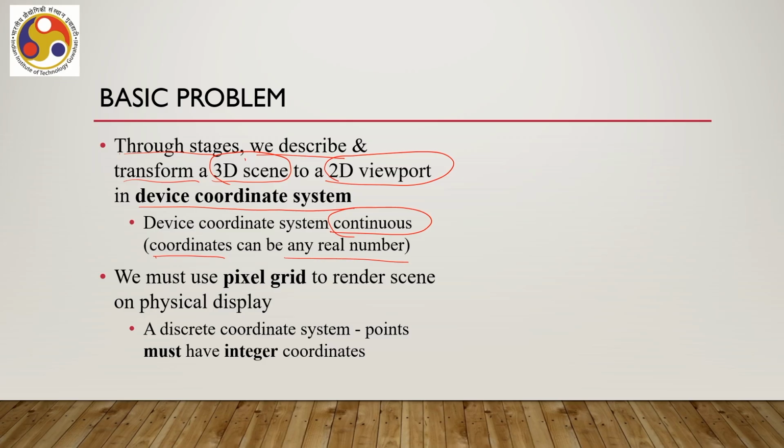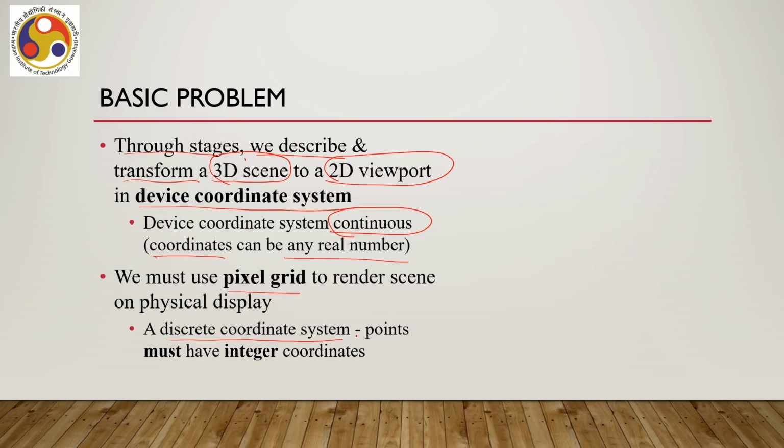However, a display device has a pixel grid, which is used to render the image. The problem here is to map from a continuous coordinate system, the device coordinate system, to a discrete coordinate system, where the coordinates can be only integer values.